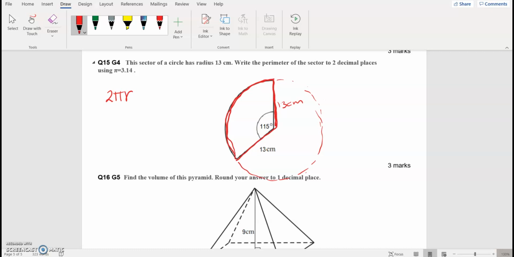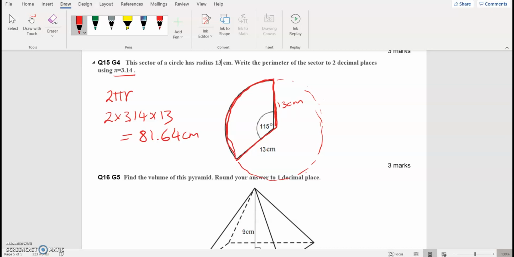So pi is given to us in this case, so 2 times 3.14 times the radius, which is 13. This would give us the circumference of the full circle, which is 81.64 centimeters.